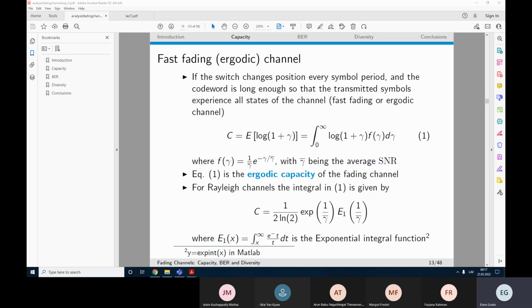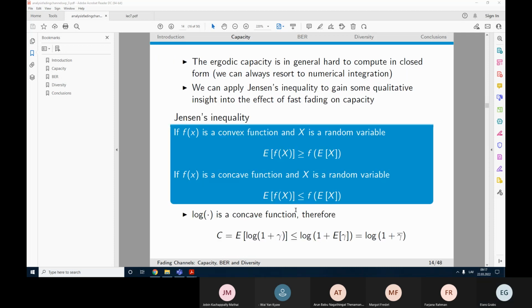And accordingly, we can use these functions in Matlab to calculate this capacity.